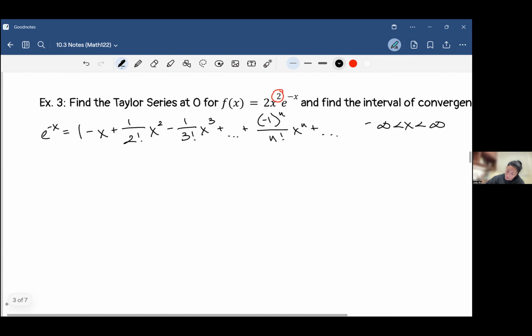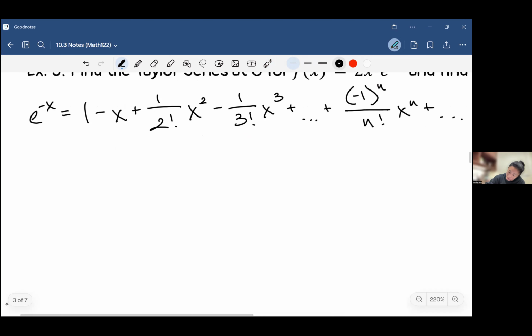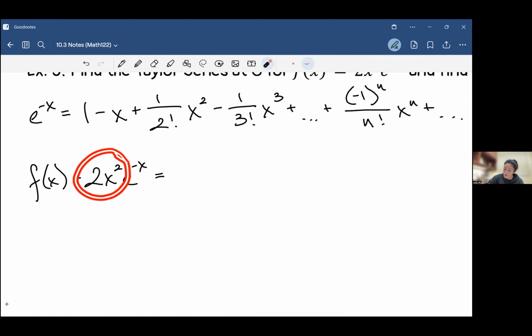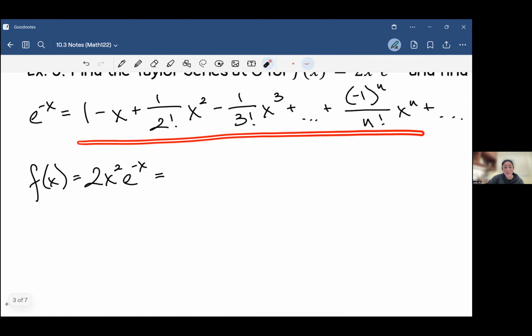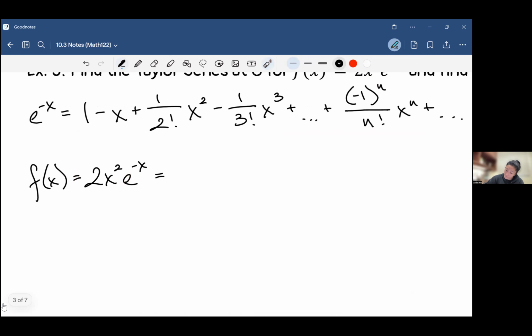All right, let's multiply it out, just like that property says. Our f of x is equal to 2x squared e to the negative x, which means we're going to take 2x squared and we're going to multiply it by this whole thing.